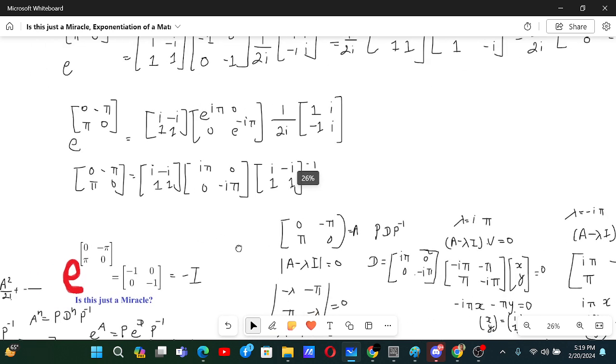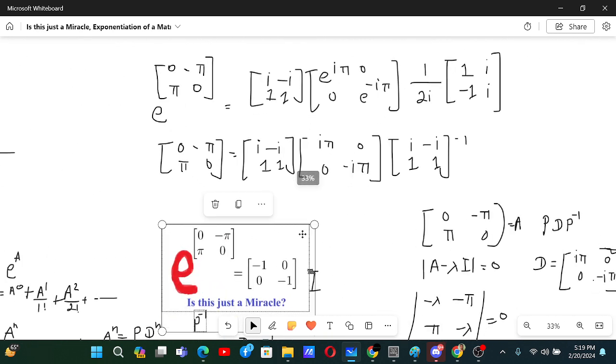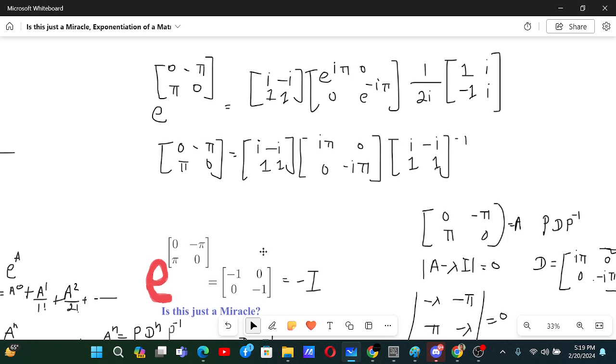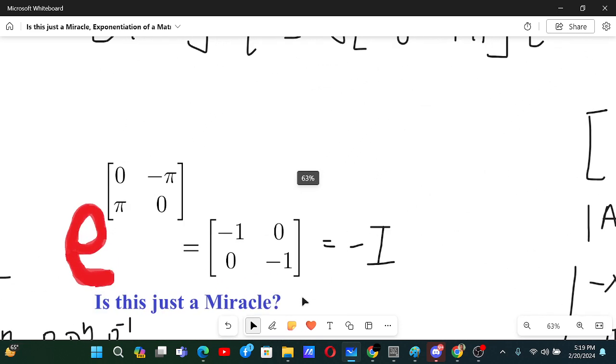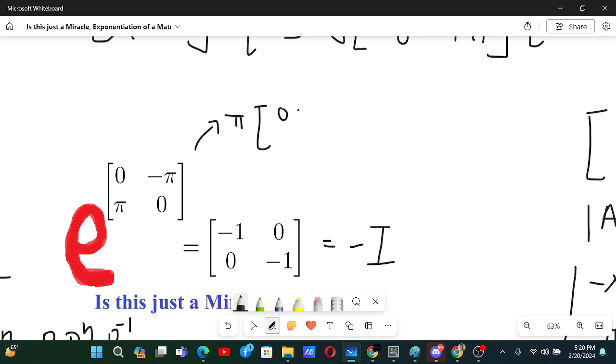But the beautiful thing that I would like to share is basically this matrix over here is actually pi times 0 minus 1 1 0.